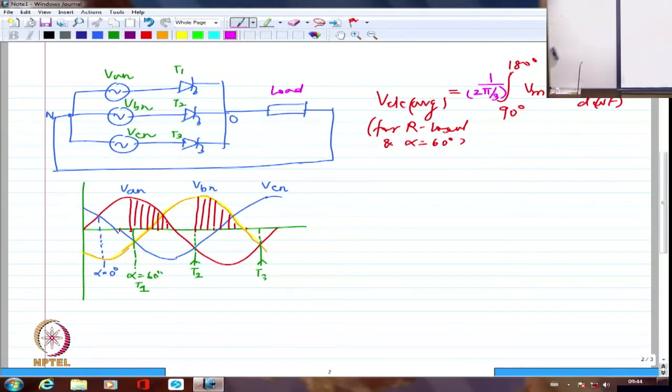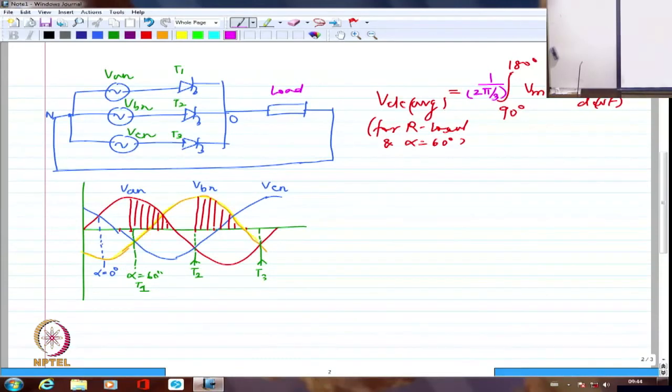I have to average it over 120 degrees because every 120 degrees this particular pulse is being repeated. So I have to average it over 1 by 2 pi by 3. So this is what will be the value of voltage at this particular value of alpha, that is at 60 degrees. So at alpha equal to 60 degrees for R load, this is how it will be.